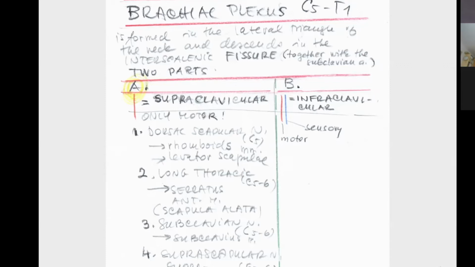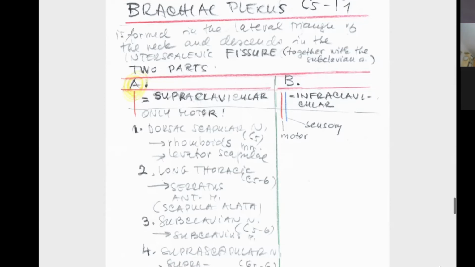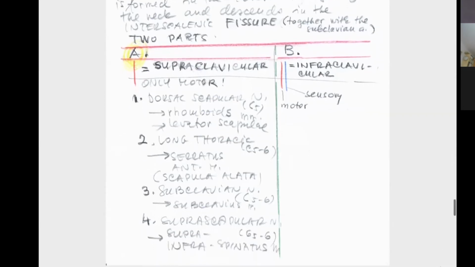So we see the nerves. Number one is the dorsal scapular, innervating the rhomboids and also levator scapulae. The second one is the long thoracic. We remember that it innervates the serratus anterior muscle. Serratus anterior was described together with the special symptom, scapula alata.